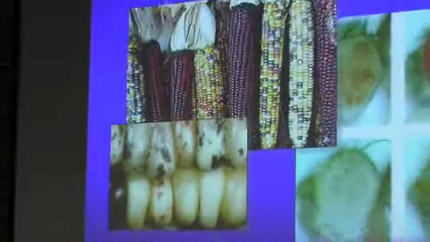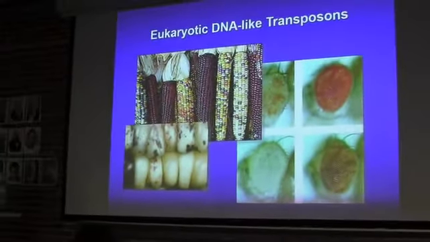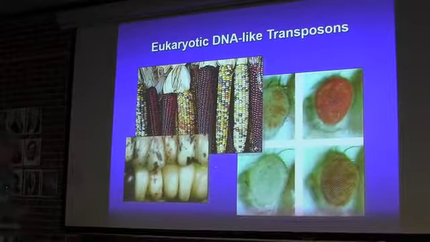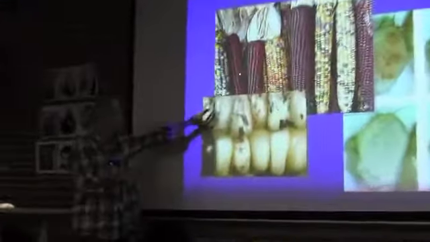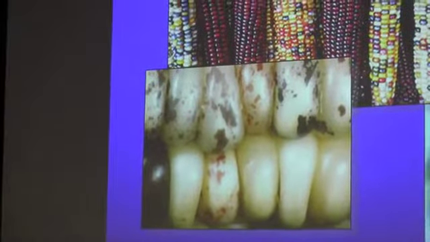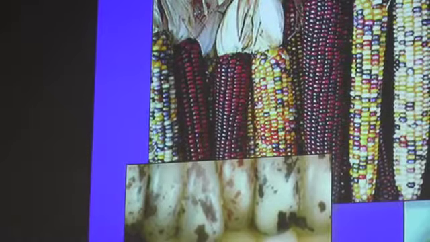But here you see examples of the effects of transposition. You see here the corn, and over here, what you'll see is the original color of maize or corn was this dark purple color.